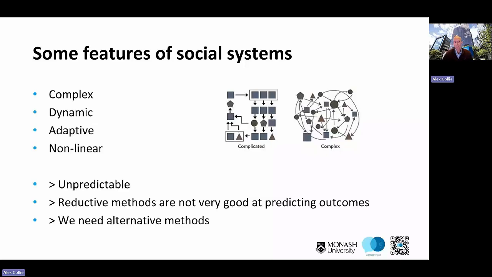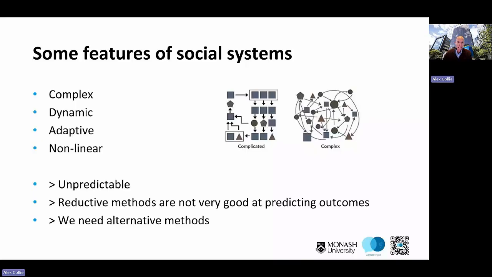And we just need alternative methods. And over the last decade or so, there's been this real explosion in computational social science, which is creating models of social systems that reflect this sort of complexity. And that's what we're doing in the Workers' Voice project.